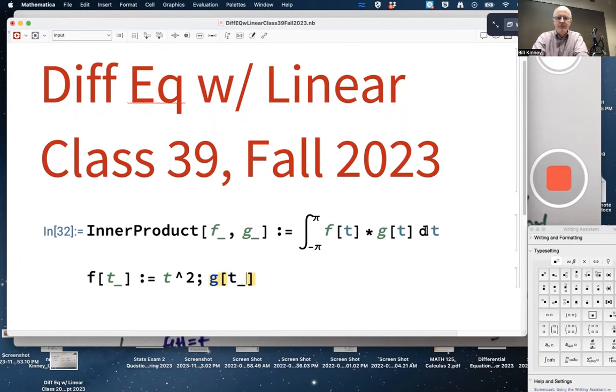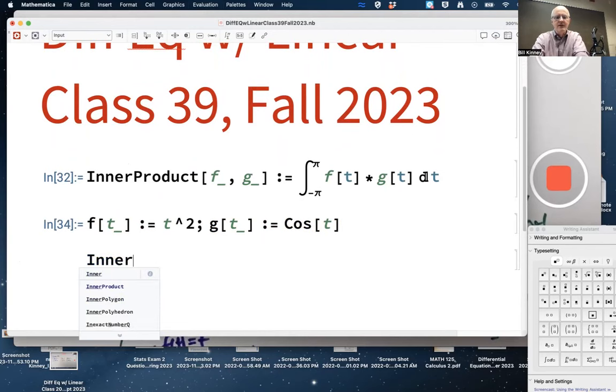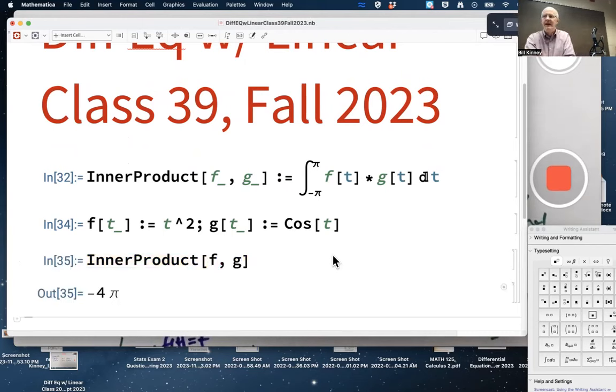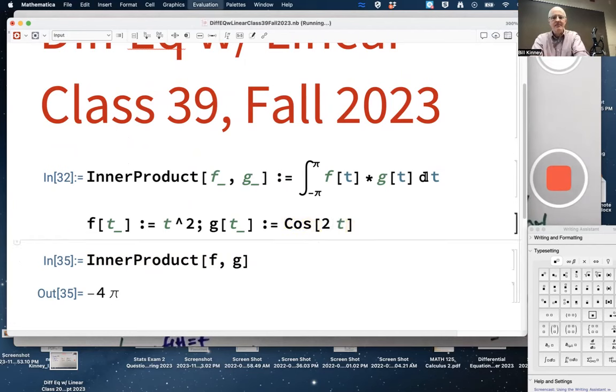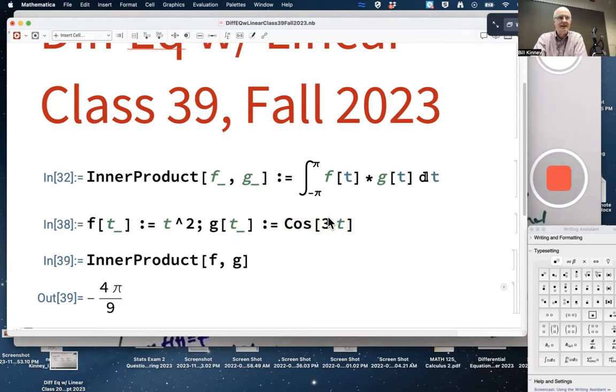If I want to integrate it against cosine, for example, I can do inner product fg, and I get negative 4 pi. If I change it to cosine of 2t and then do the inner product, I get pi. I get a different answer. Cosine of 3t, inner product, I get yet a different answer, negative 4 pi over 9, etc.